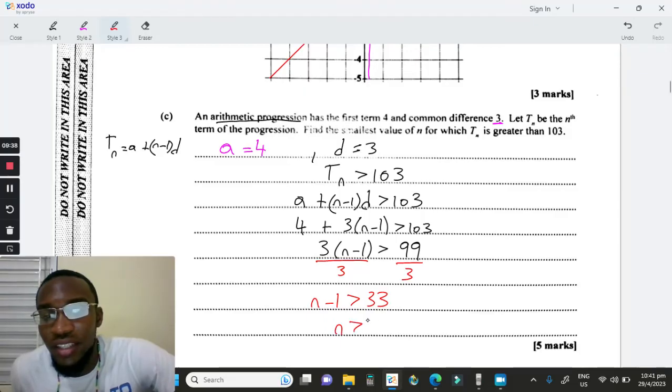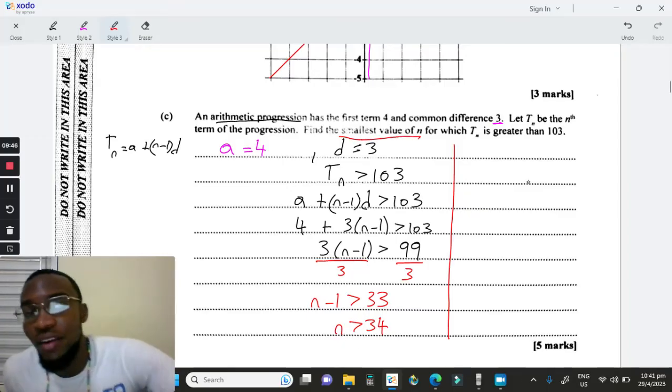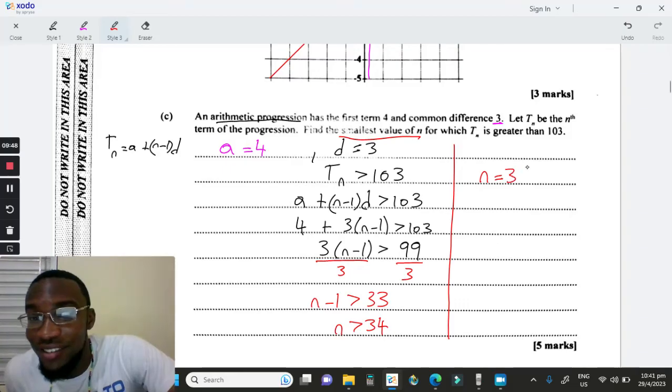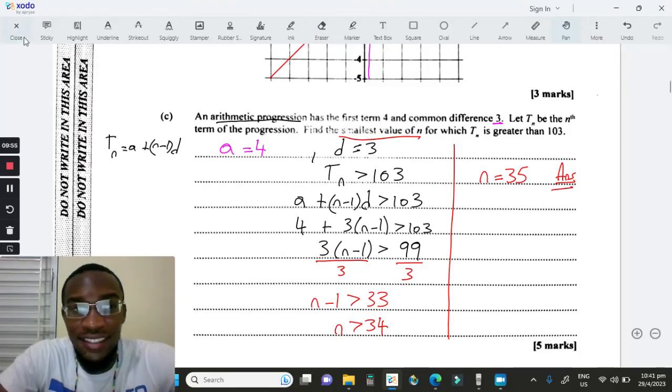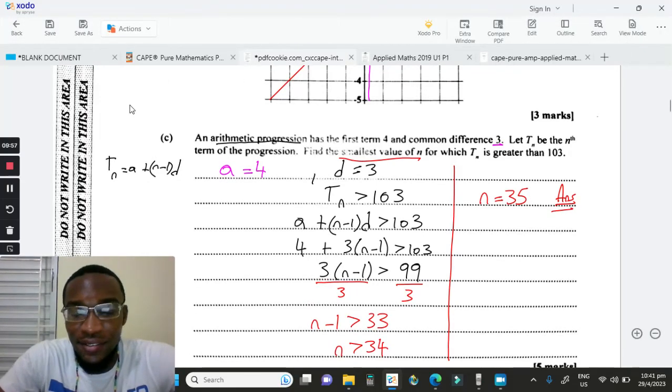So n is greater than 34. Now, since n is greater than 34, I want the smallest value for n. What's the next number bigger than 34? 35. So that's our answer. The smallest value n can be is 35. Very easy.